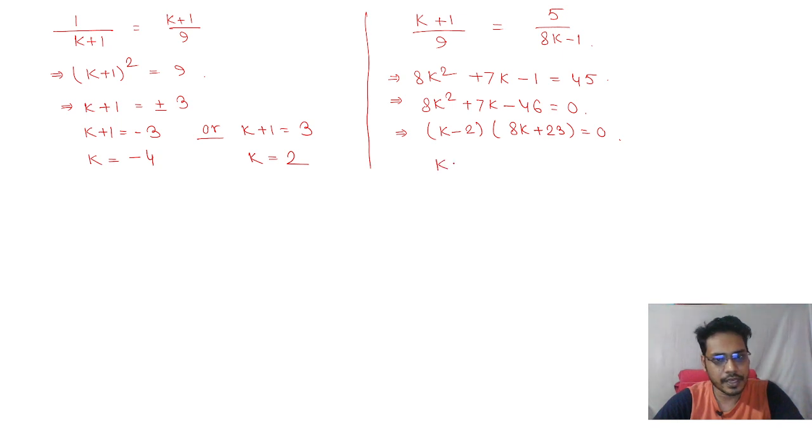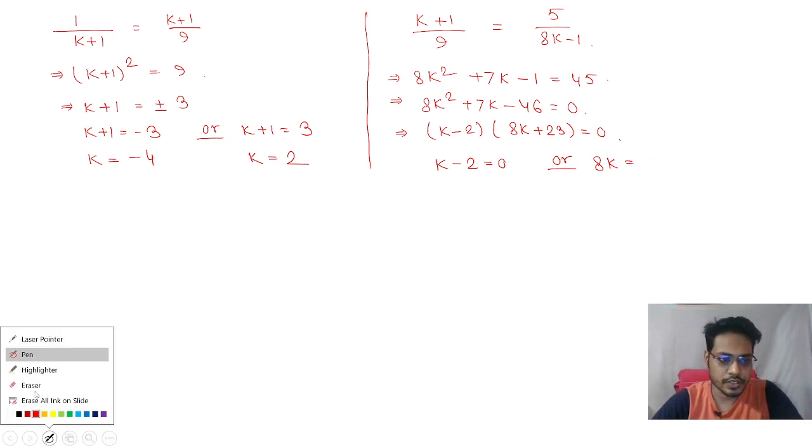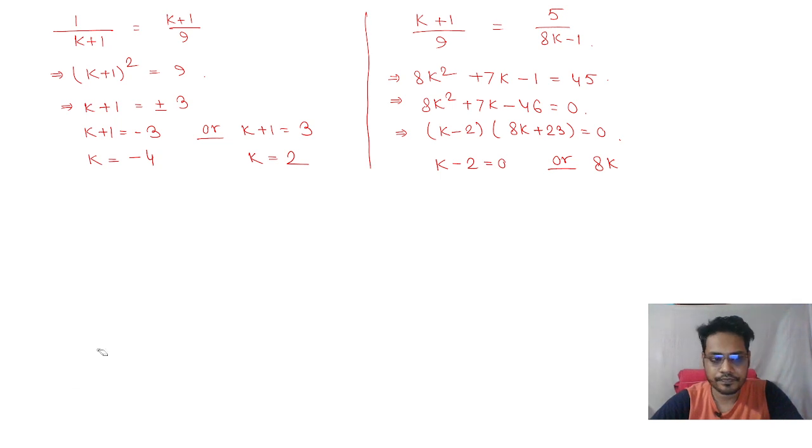That means k minus 2 is equal to 0, or 8k plus 23 is also equal to 0. That means k is equal to 2, and here we get 8k is equal to minus 23. So k will be minus 23 by 8.